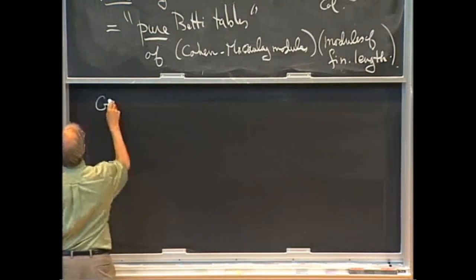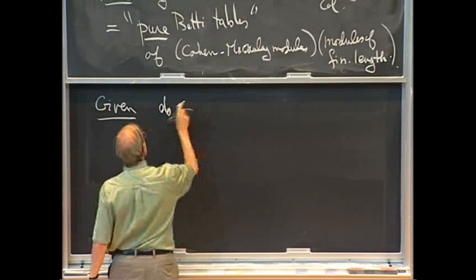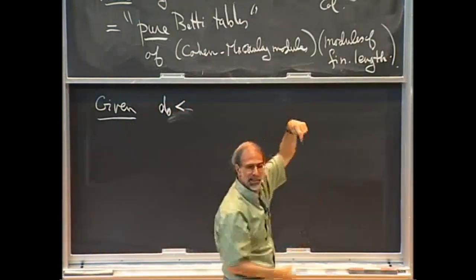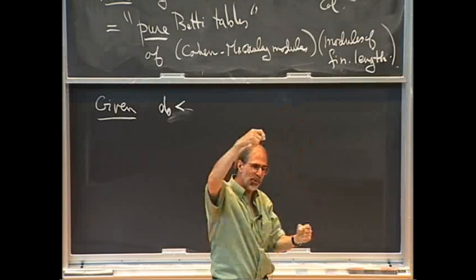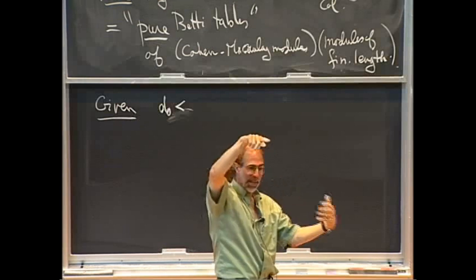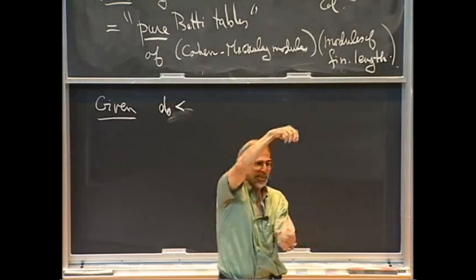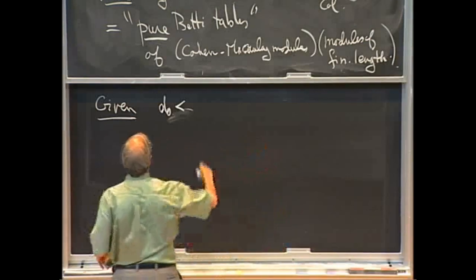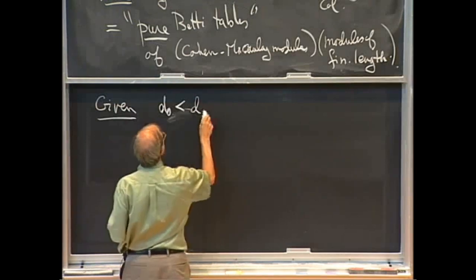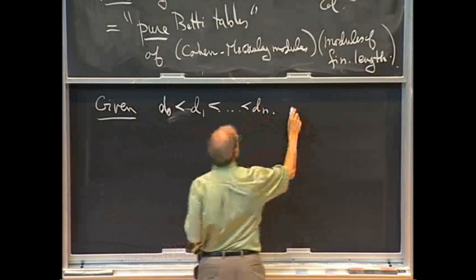So given d_0 up to d_n, you see the degrees have to go up, right? Because there have to be maps between these modules. And there is only the zero map between a free module with a generator in low degree and a free module with a generator in high degree, because you've got to send the generators somewhere in the same degree. And if it's zero in that degree, there's no place to send them. So the degree sequences that are possible, or conceivable, are d_0 < d_1 < ... < d_n, integers.